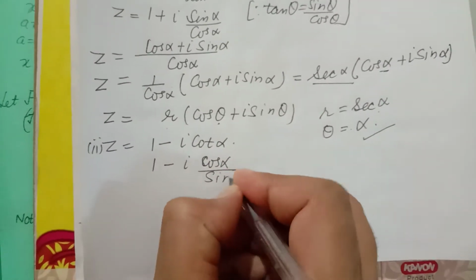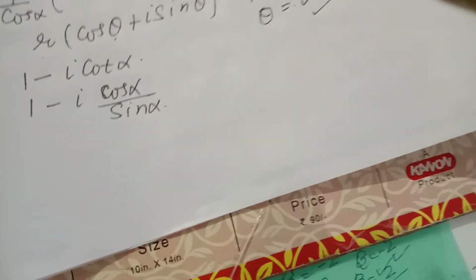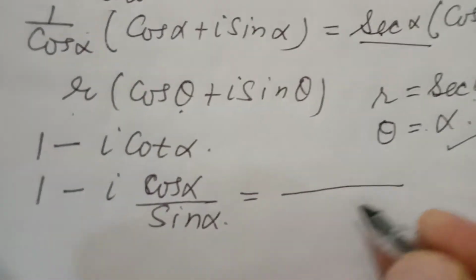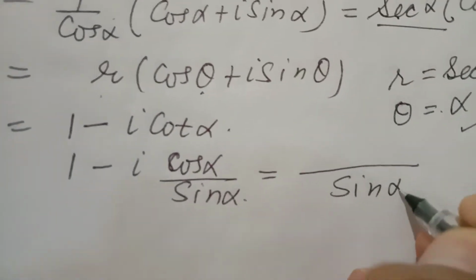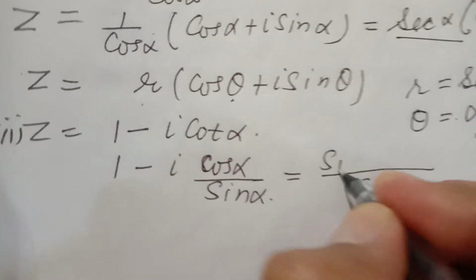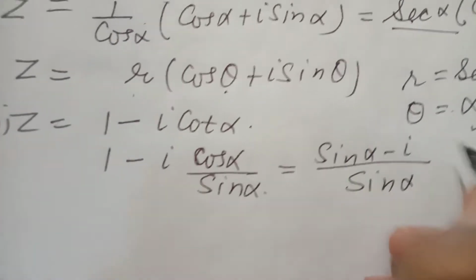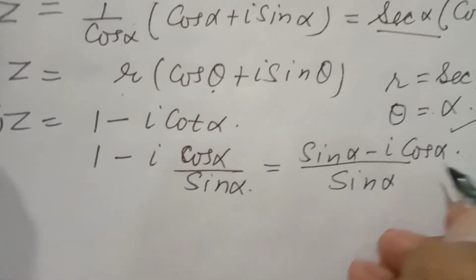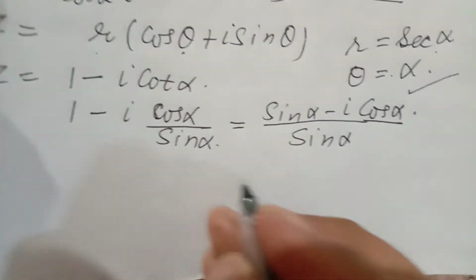This formula you have already studied in 10th class also. So cot alpha always changes into cos alpha over sin alpha. The next step is taking the LCM. When we take the LCM, sin alpha is our LCM, and this expression becomes sin alpha minus iota cos alpha over sin alpha.